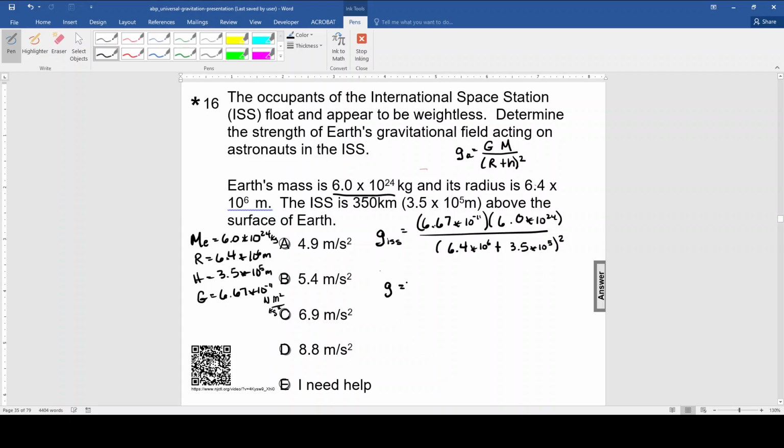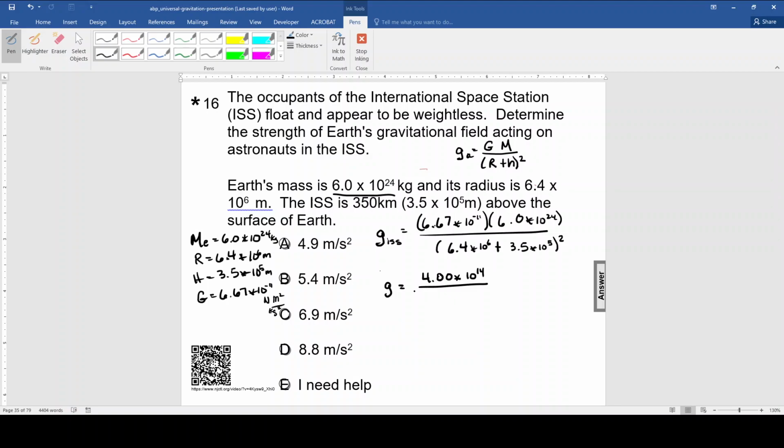Let's break this up into a two-step process. We get on the top 6.67, and we are multiplying it by the mass of the Earth. And this is our top, and our bottom is similar in nature.